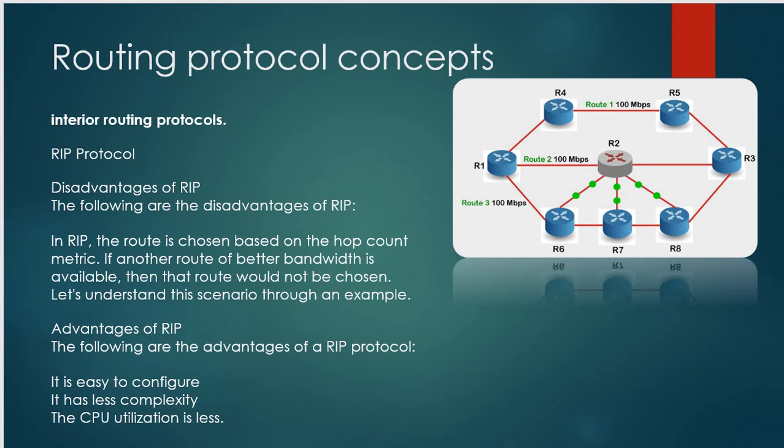In RIP, the route is chosen based on the hop count metric. It calculates the number of hops, how many hops to reach the destination.